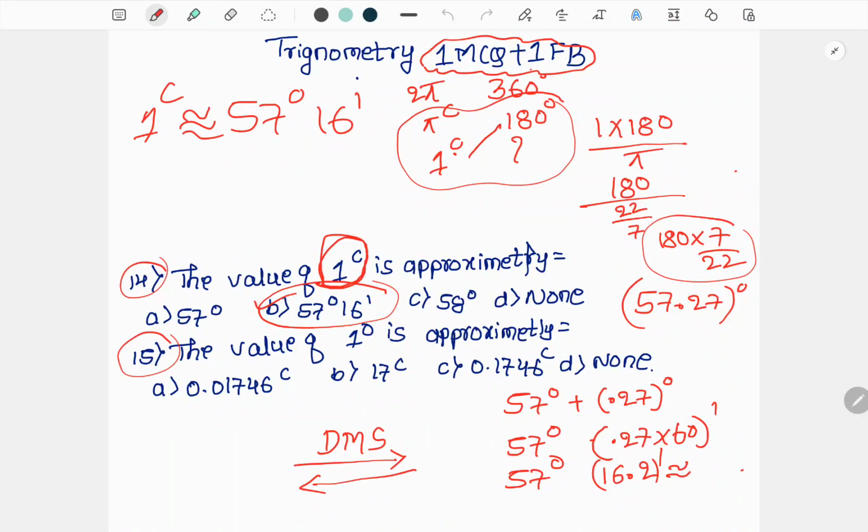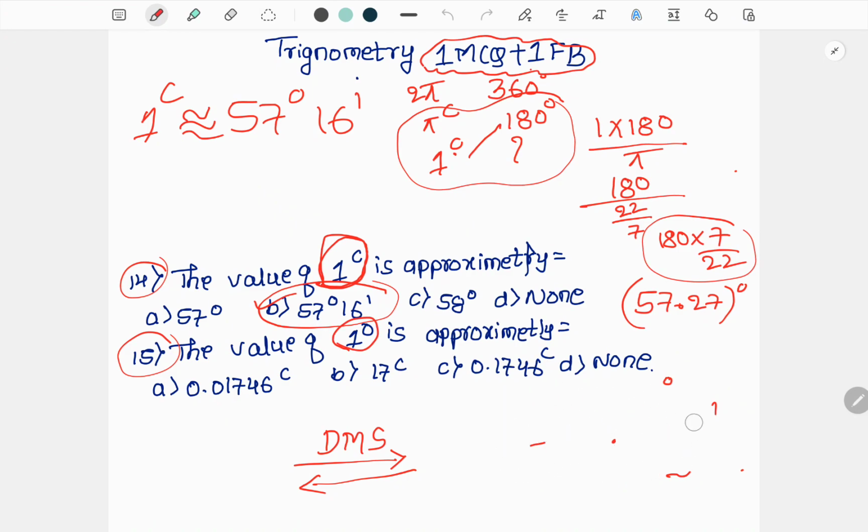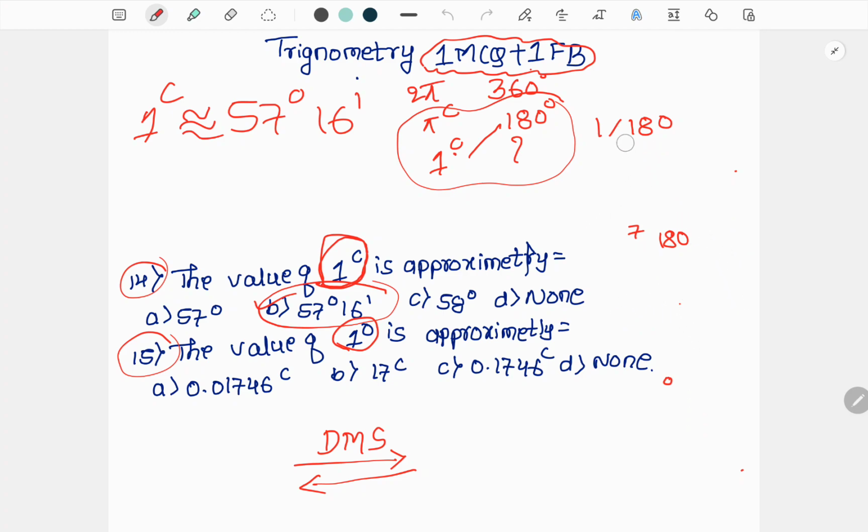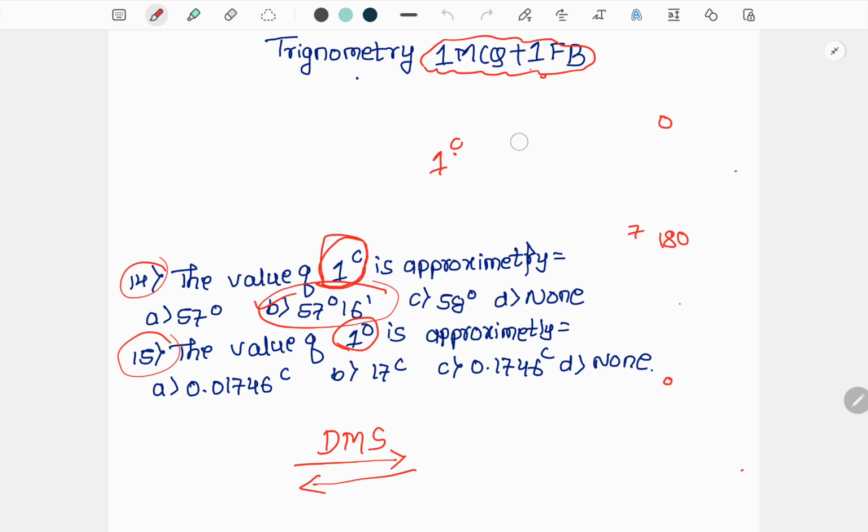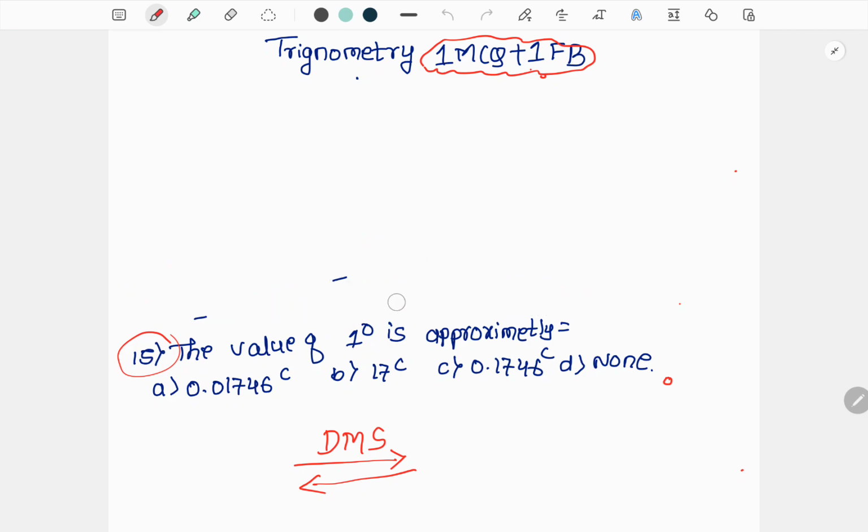So like this you can find 1 degree also. The same concept we will apply. See, the same procedure, a little change. Look, what shall we do now? 1 degree is approximately how much? We know 180 degree means pi.